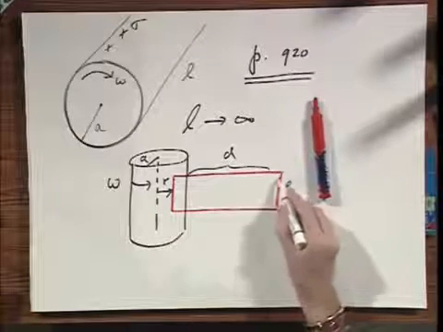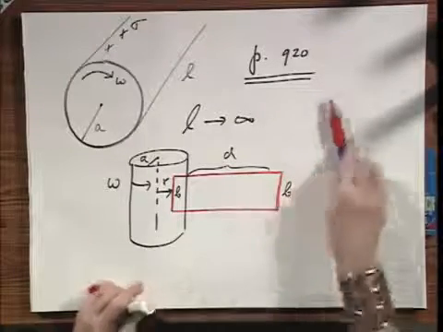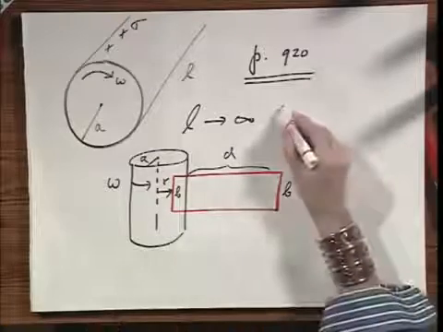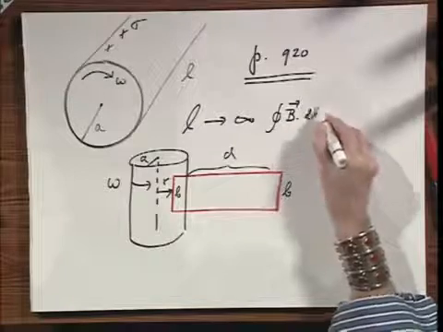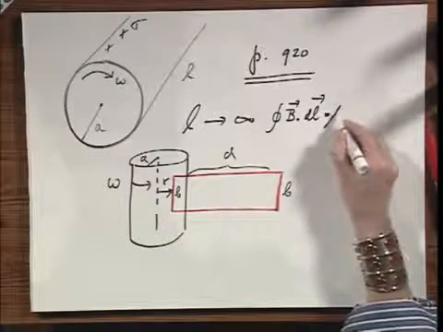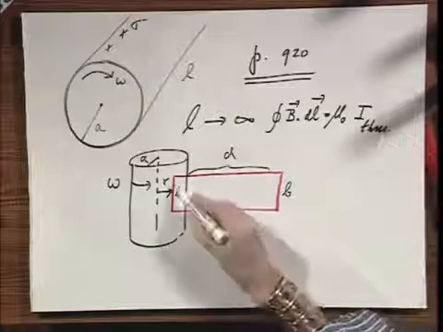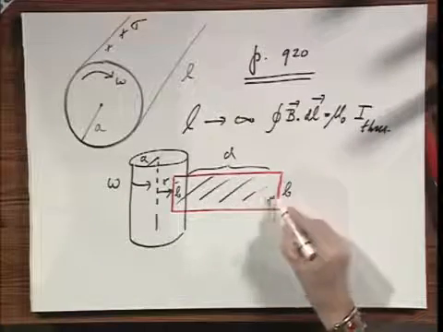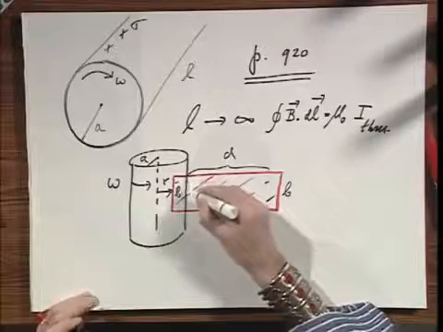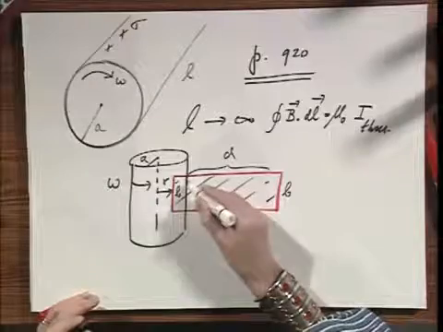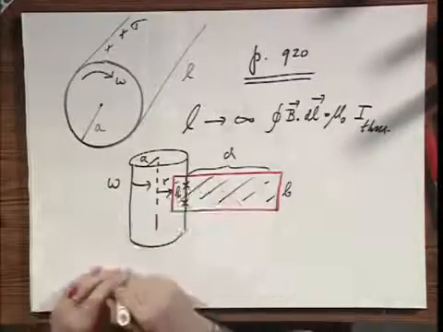Let this be b, this length, and let this be b. I now have to apply Ampere's Law, closed loop integral of B dot dl equals mu 0 times I through. It's clear that this is going to be my surface, and I have to calculate the current going through that surface, but that's only right here where charge is moving through this surface inside the plane.